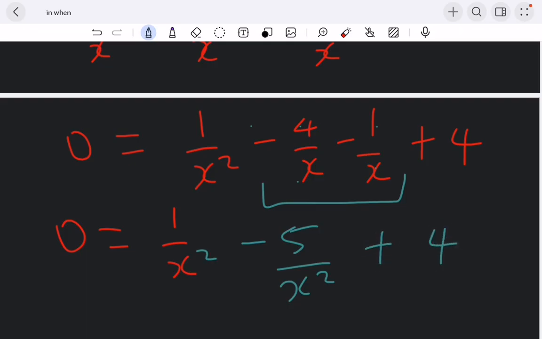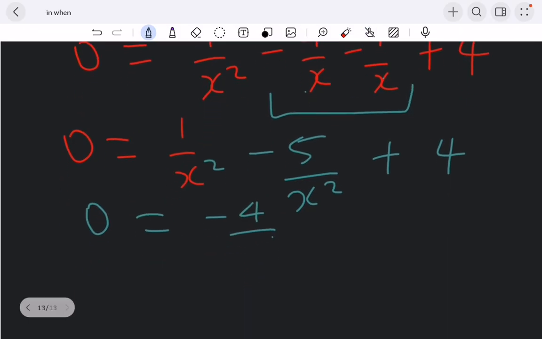Okay, so 1 minus 5 over x squared gives us 0 is equal to minus 4 over x squared plus 4. These terms give us x squared. Yeah, I think we did it correctly.